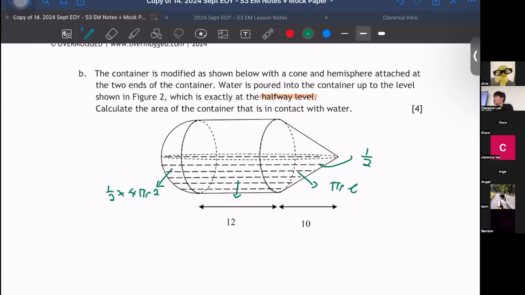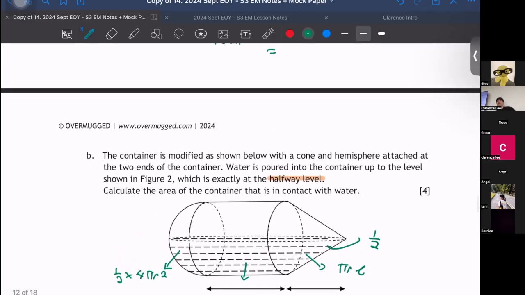Then for cylinder, the curved surface area, how do you find it? That's what students always forget. So in the exam, if you forget, roll your paper into a cylinder and ask yourself, my curved surface area is this portion over here. I open this up, what shape do I see? How to find area of rectangle? Length times breadth, right? This is my length, this is my breadth.